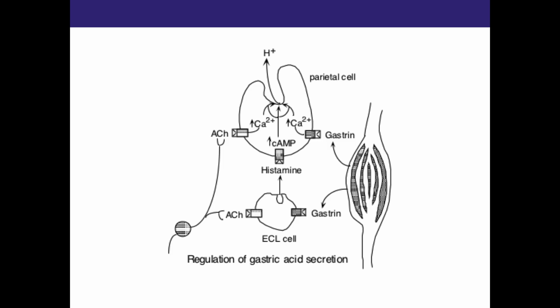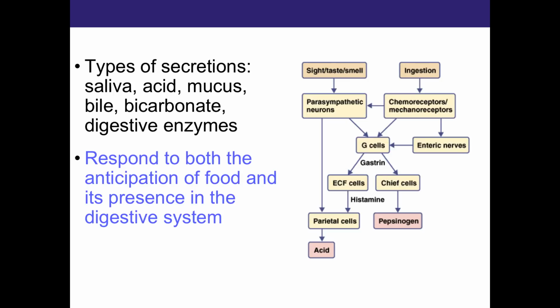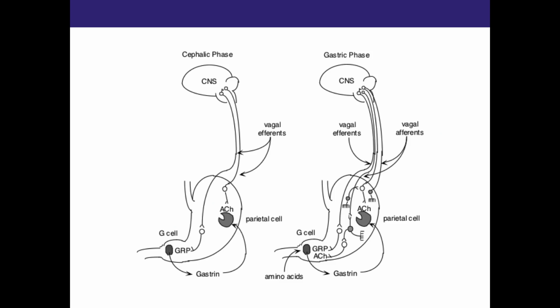Okay, so parietal cells are obviously super important. Very important. Okay, so then we actually went through, this is just more of the same. We talked about what is the difference between the cephalic phase and the gastric phase. So you can see here the cephalic phase is before you start eating food, and it's only mediated by these vagal efferents from the central nervous system.